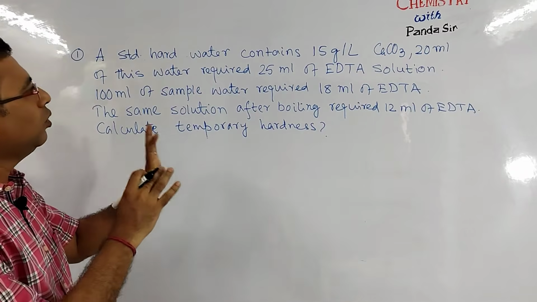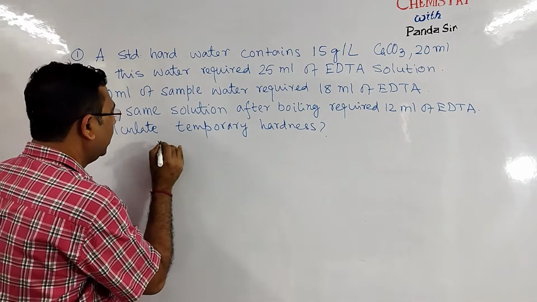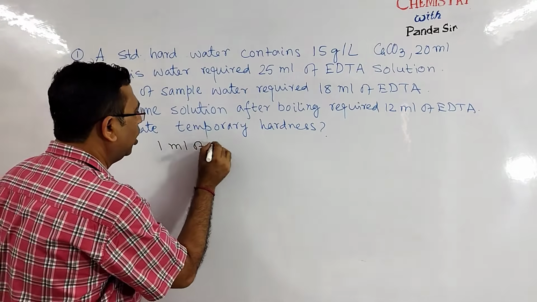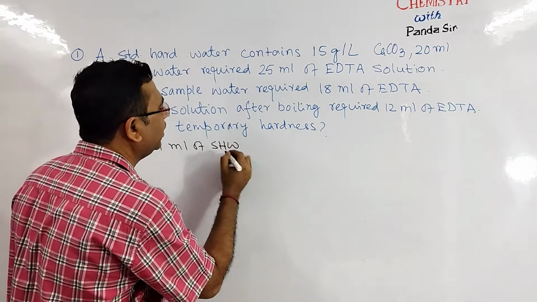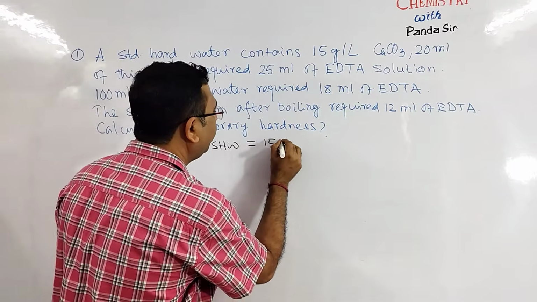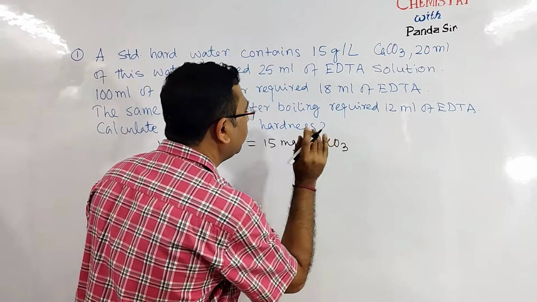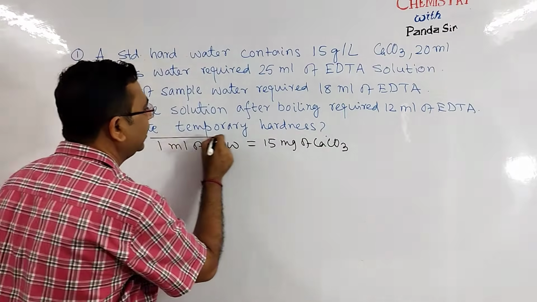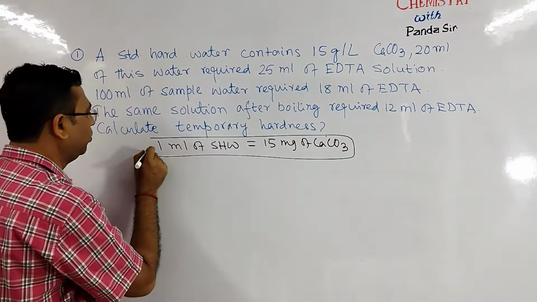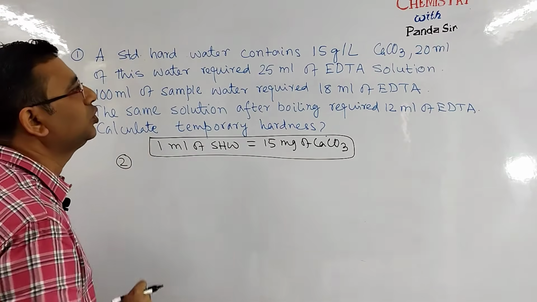Okay, so now after knowing that, we can just write that 1 ml of standard hard water is equal to 15 milligram of CaCO3. We understood this. This is the first line that we got from step number 1. Now we go for step number 2, and that is the standardization of EDTA.